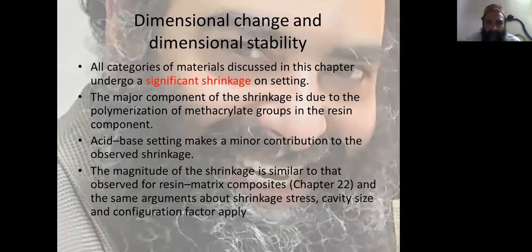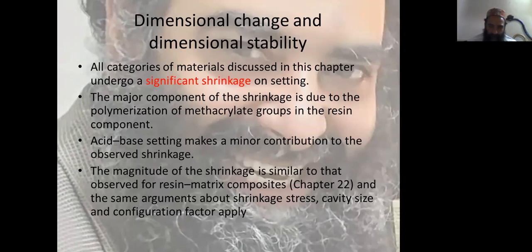Now, dimensional change and dimensional stability. All categories of materials discussed in this chapter undergo a significant shrinkage on setting due to the resin part. The major component of the shrinkage is due to the polymerization of methacrylate groups in the resin component. Acid-base setting makes a minor contribution to the observed shrinkage.